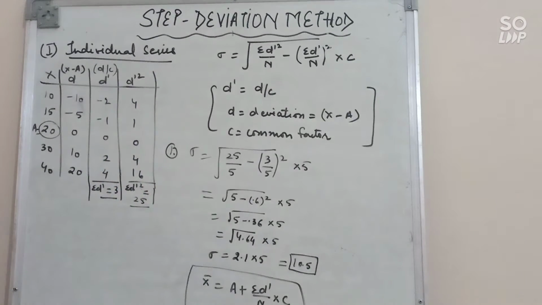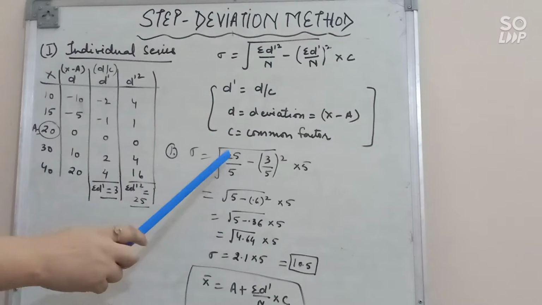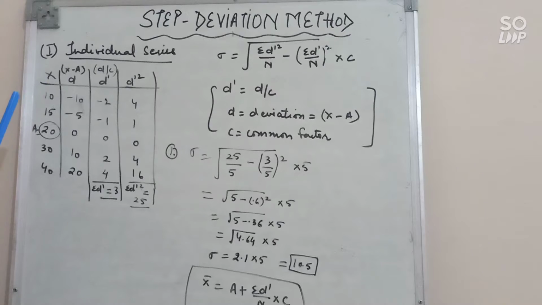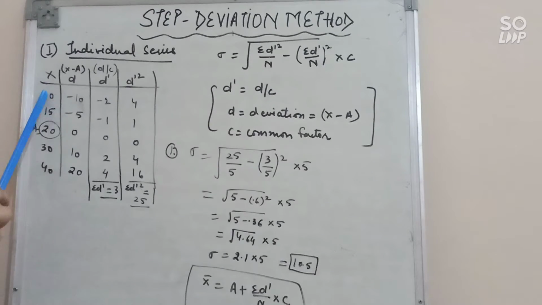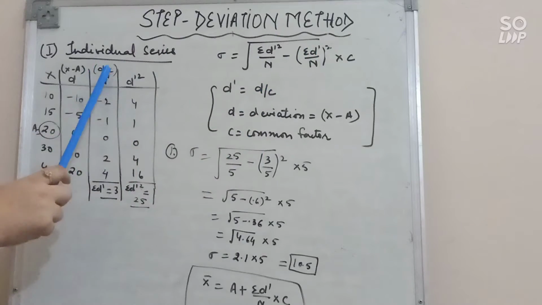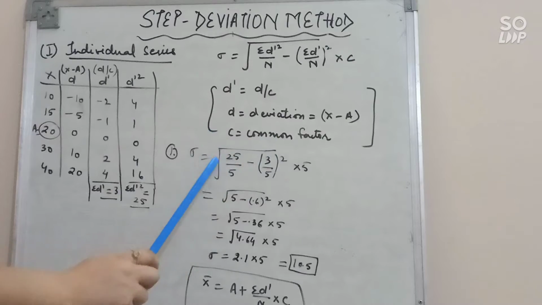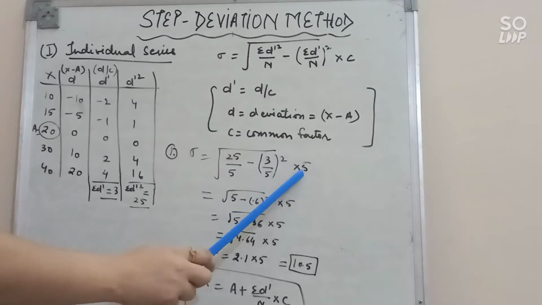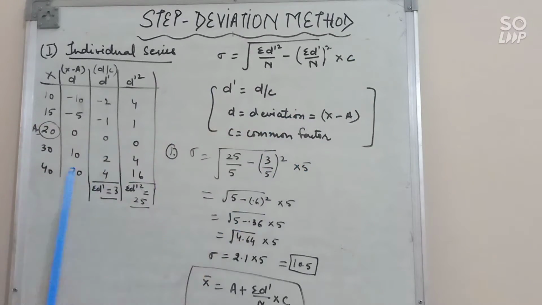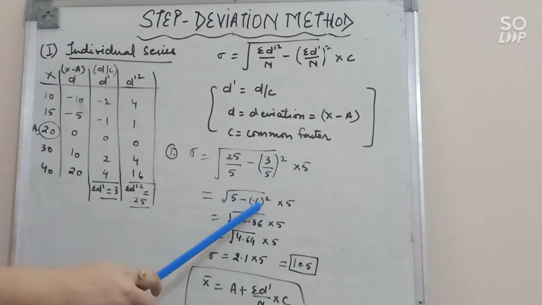So let's put the values in the formula. Firstly sigma d dash square, that is 25, upon n, the number of items in the individual series. So we have 5 items. So divide by 5, minus sigma d dash, that is 3 divided by 5, whole square. It is under root, and after the root we have into 5, the common factor. Now 25 divided by 5 gives 5, and 3 divided by 5 is 0.6 squared.